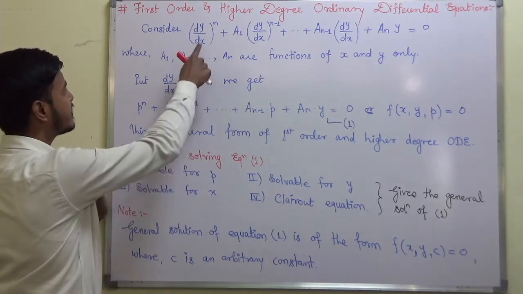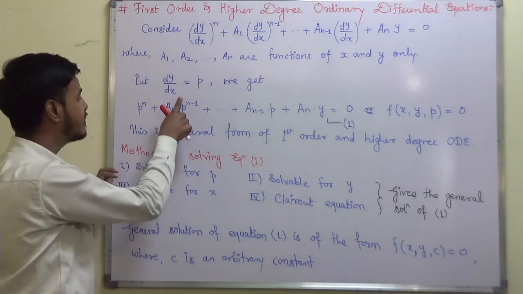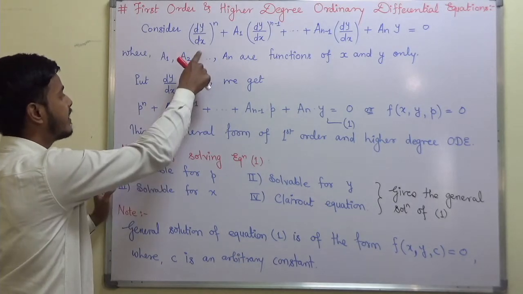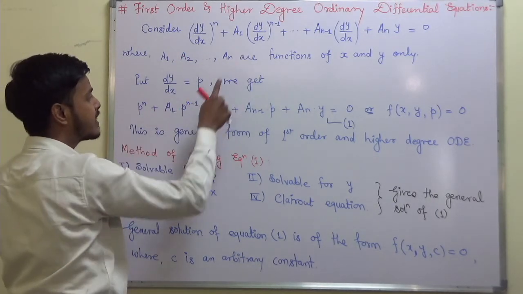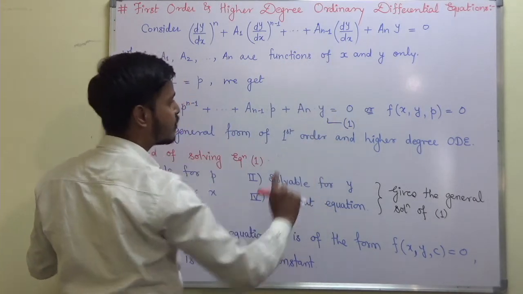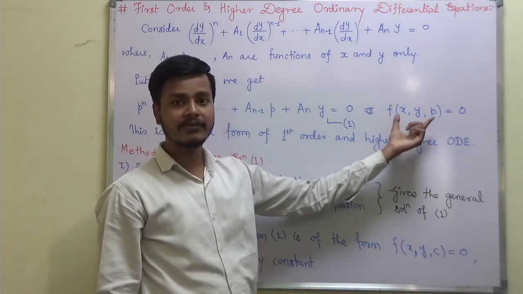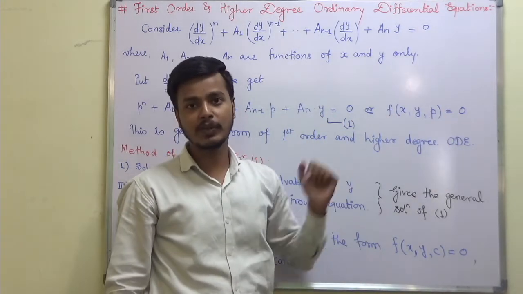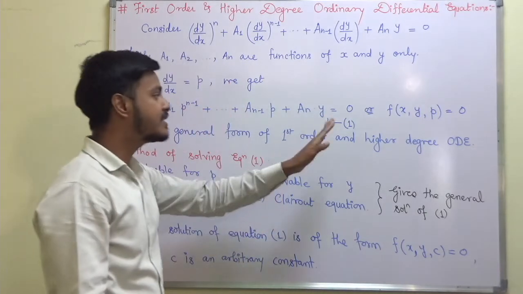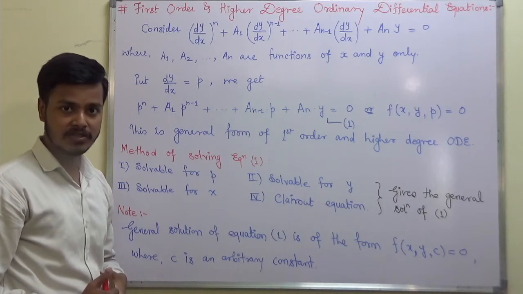The moment I substitute dy by dx equal to p, I get p to the power n plus a1 p to the power n minus 1, and so on, plus an minus 1 p plus an equal to 0. In short form you can write f of x y p is equal to 0. This is the general form of first order higher degree ordinary differential equations.